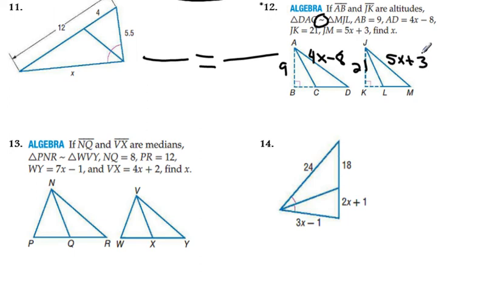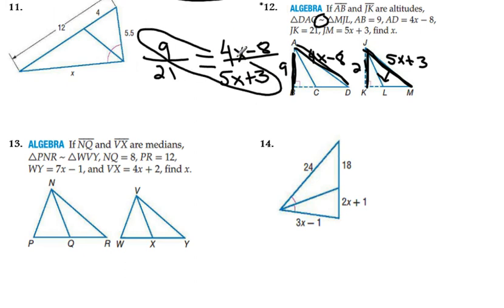So we're just playing the matching game. 9 is the altitude, so it's going to match with the other altitude, 21. So 9 goes over 21. 4x minus 8 is opposite that obtuse angle. So it's going to match up with 5x plus 3, which is opposite the obtuse angle.